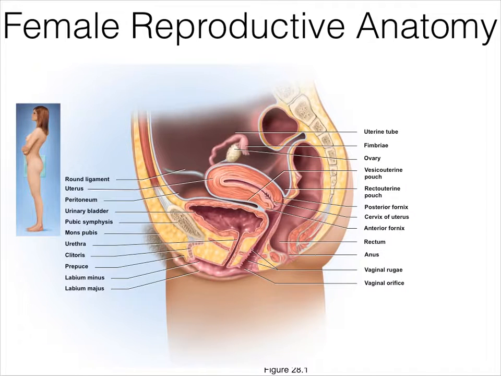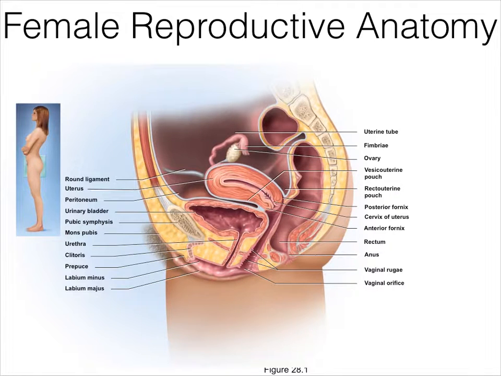So let's start with an overview of the female reproductive anatomy. All of these things are important, but I'm going to highlight a few of them that will be relevant in this lecture. The primary female reproductive organ is the ovary. The ovary is the female gonad. It develops from the same tissue that the testes do in males.